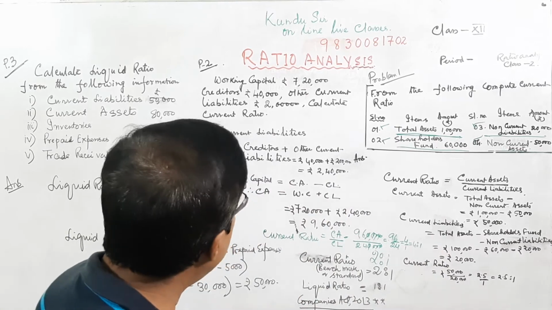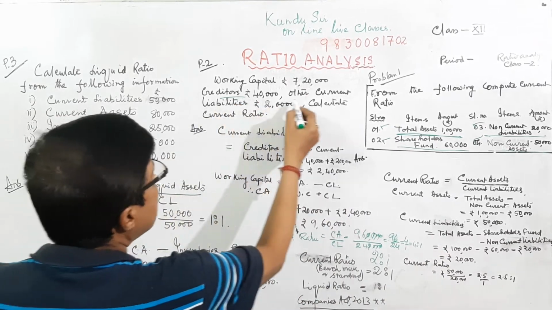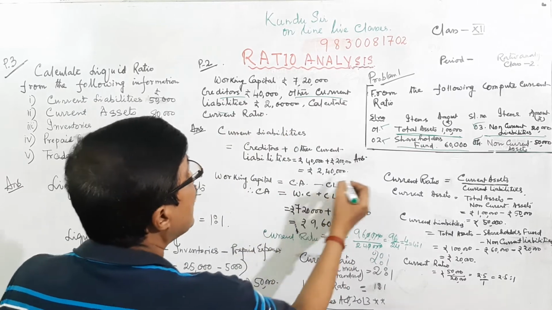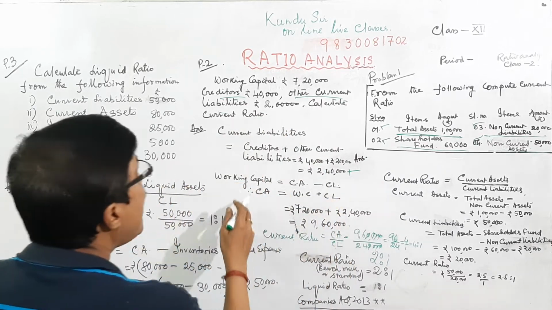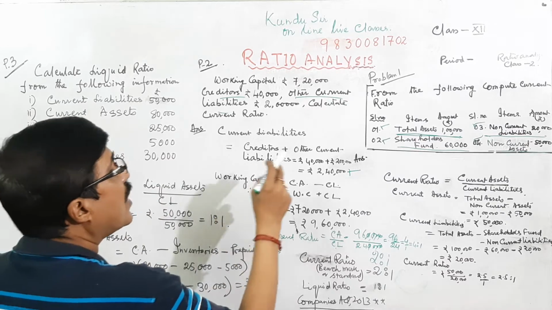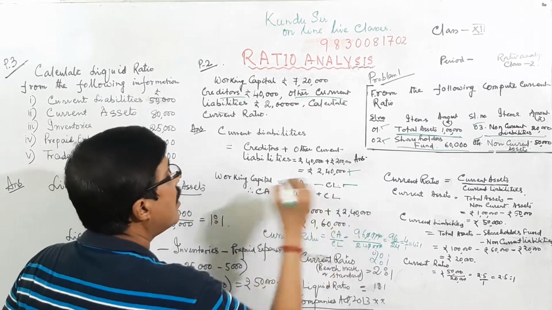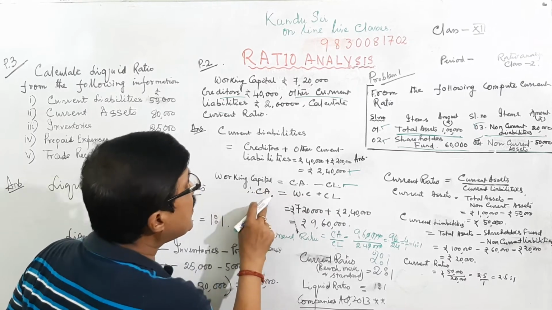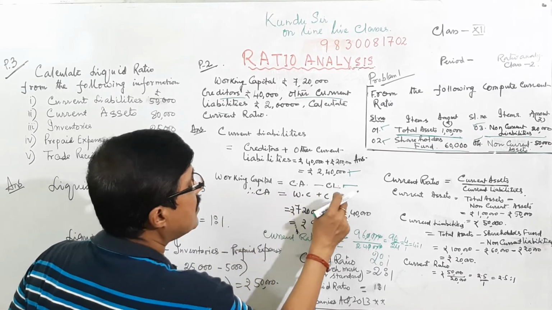Again I am explaining: we have calculated the current liabilities here. Working capital equals current assets minus current liabilities, therefore current assets equal WC plus CL.